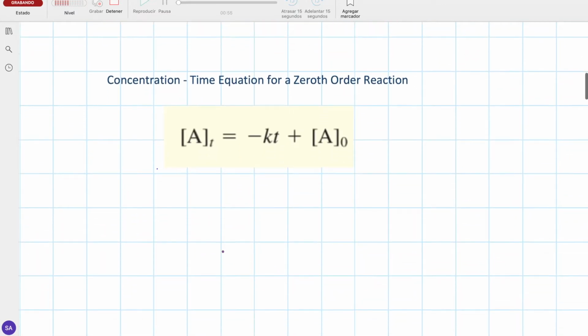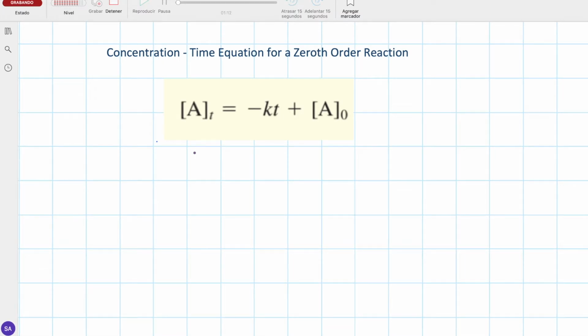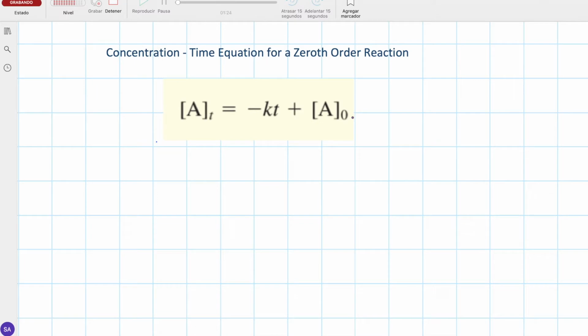Here we have the concentration-time equation for a zero order reaction, and since we're looking for t1/2, the first thing we want to do is solve for t. As you may recall, we have the current concentration on our left side, then k, which is our rate constant, and then t, which is our time, plus the initial concentration.